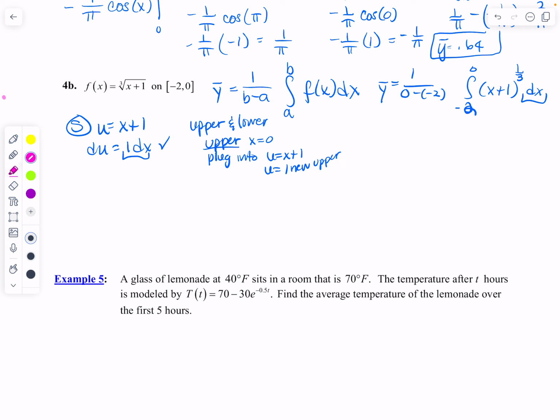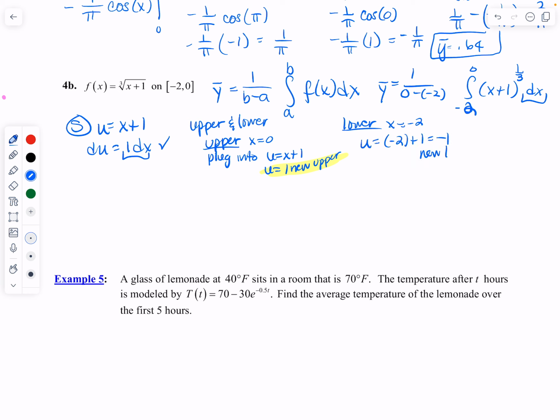So I'm going to go ahead and put a highlighter on that. And then I'm going to look at the lower one. So I'm going to let x equal negative 2 and plug it into u. So u equals negative 2 plus 1, which is negative 1. That's my new lower limit.